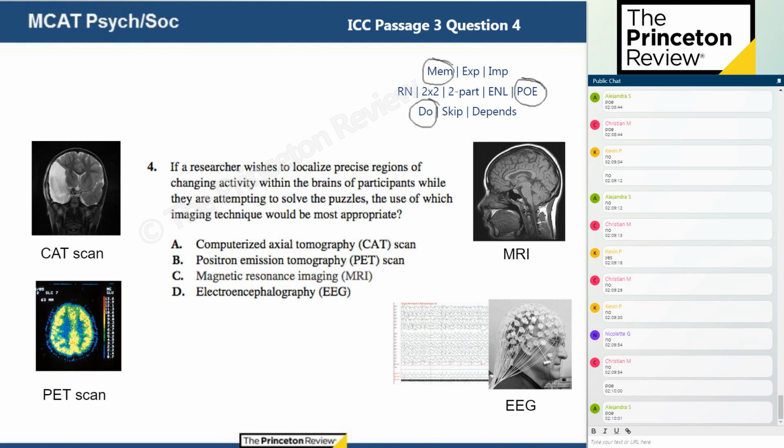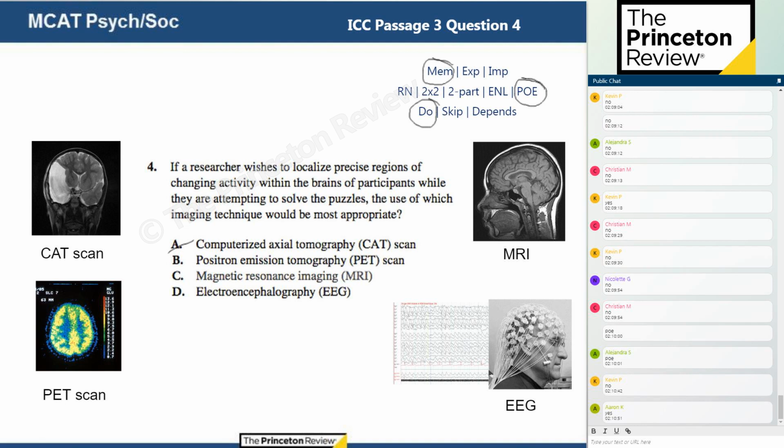Will CAT scan give you precise regions of changing activity? Will a CAT scan tell you anything about activity? Nope. Will a PET scan tell you anything about activity? Yep. Will an MRI tell you anything about activity?